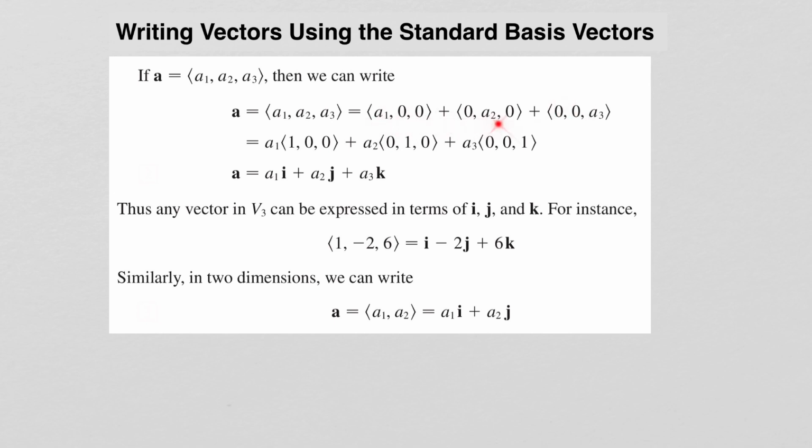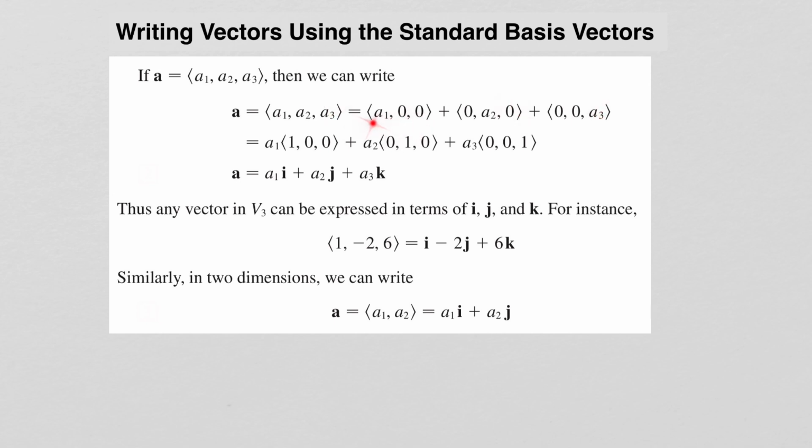Notice that if you were to add these vectors together, the x component, the first component, would be a1 plus 0 plus 0, which is a1. The next one would be 0 plus a2 plus 0, which is a2. And finally, 0 plus 0 plus a3 is a3.